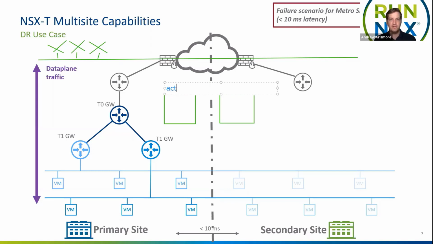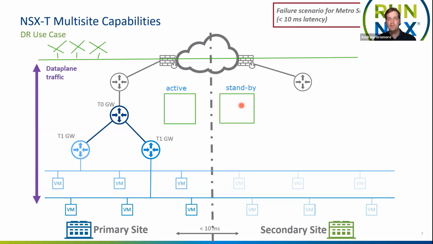So we're going to have our tier 0 gateway live inside of an active edge in the primary site and have the standby edge, in which the standby tier 0 gateway lives, already living in the secondary site, so that when we do have the failure, we don't even have to rely on HA, because we're going to let NSX-T do its thing, in which it has its own active standby capabilities where we let the tier 0 gateway fail over into the standby.